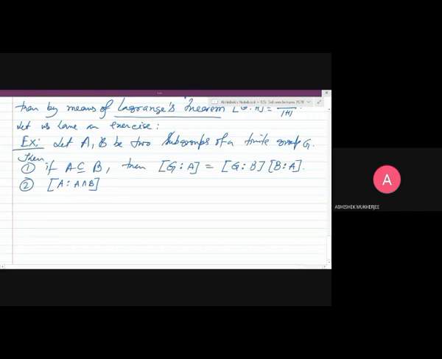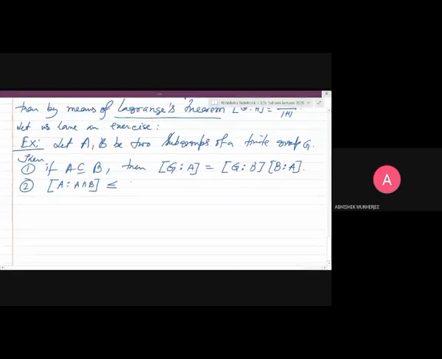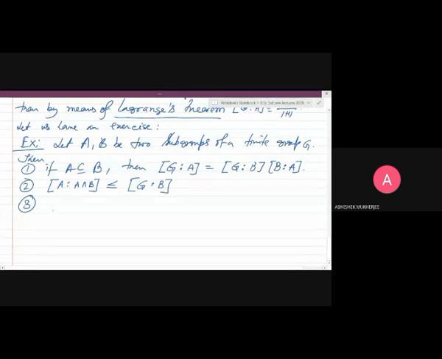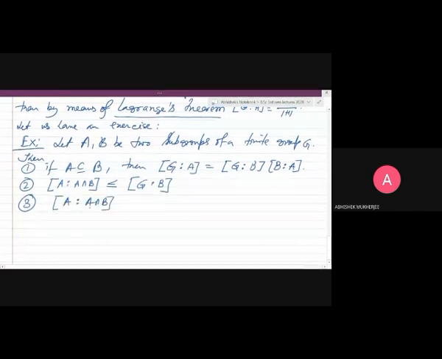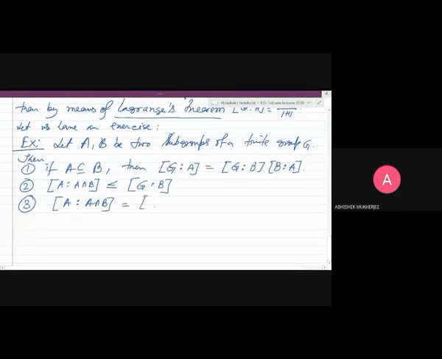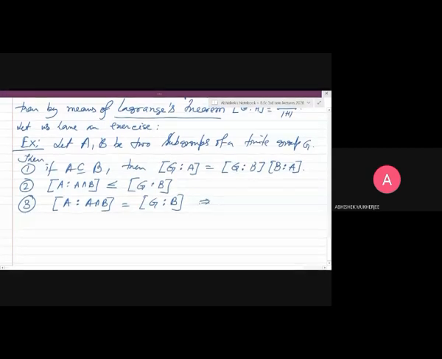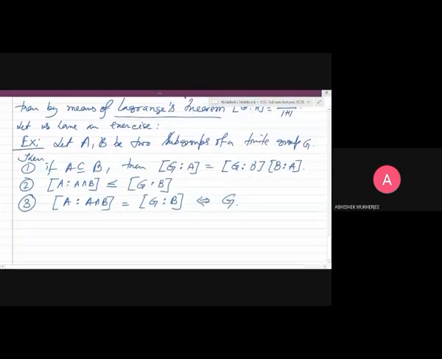But the index A colon A intersection B is always less than or equal to the index G colon B. Also, number three, the index A colon A intersection B equals the index G colon B if and only if G equals AB.